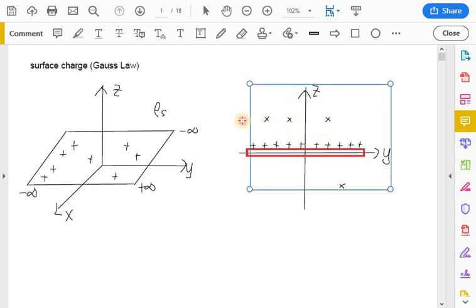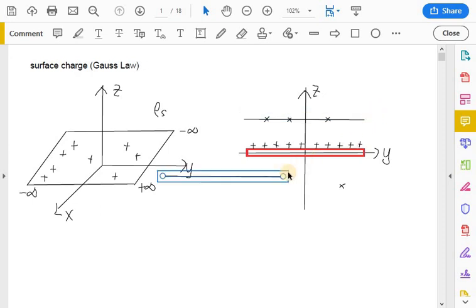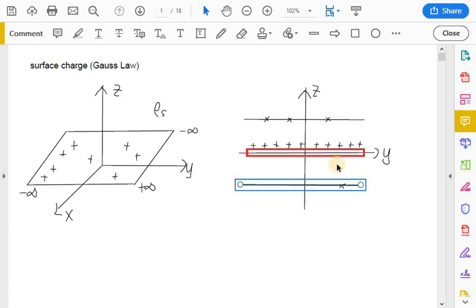This Gaussian surface must touch the point where we want to know the electric field intensity. So it will be something like this. I label it here as the Gaussian surface.